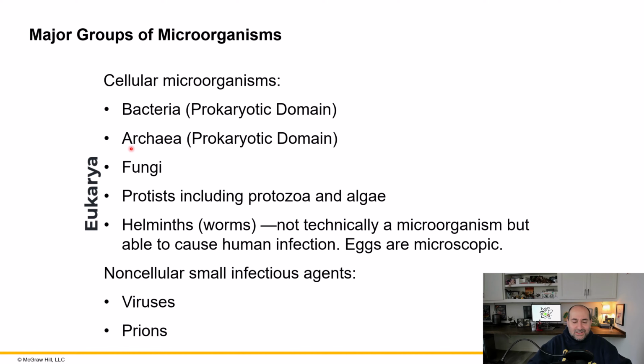In fact, under a microscope, archaea and bacteria look about the same. They're both prokaryotic cells. Archaea, bacteria, all are microorganisms. You know why? Because you can't see them without the assistance of a microscope. They are micrometers in size.